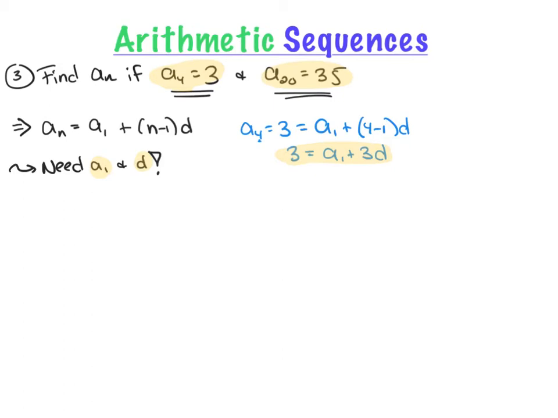From the second equation, A20 is equal to 35 means A1 plus 20 minus 1 times D is 35. And simplifying that, that means that 35 is equal to A1 plus 19D.